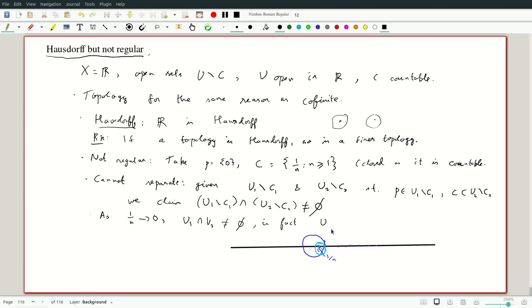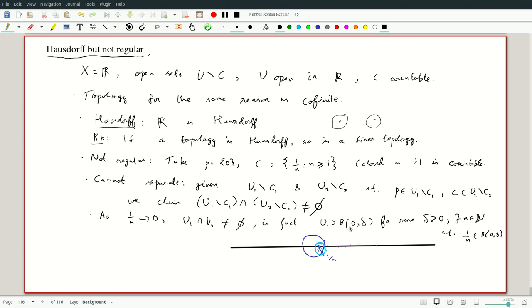Let me be specific. So U1 contains a ball around 0 of some radius delta, where delta is greater than 0, and there exists n, a natural number, such that 1 over n belongs to the ball of radius delta around 0.